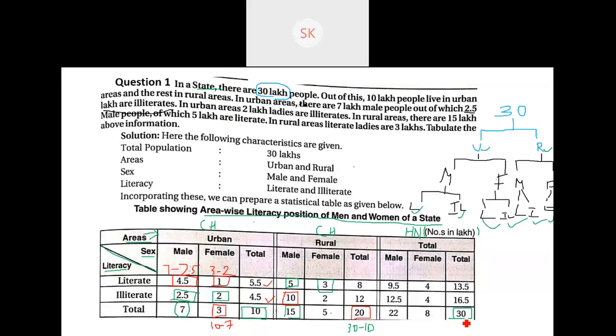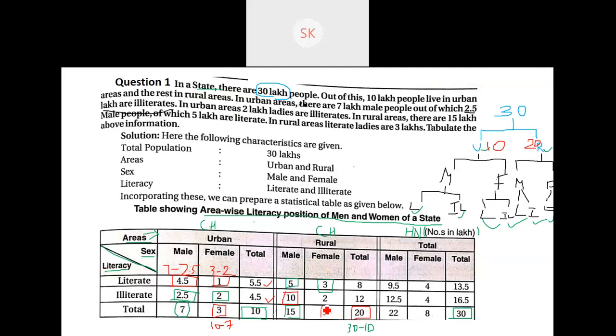When I had a total of 30 people in the state and 10 belong to urban, which means 20 belong to rural. That is how I found the rural people here. Now since I have 20, let me find the total of female: 20 minus 15, which is 5.